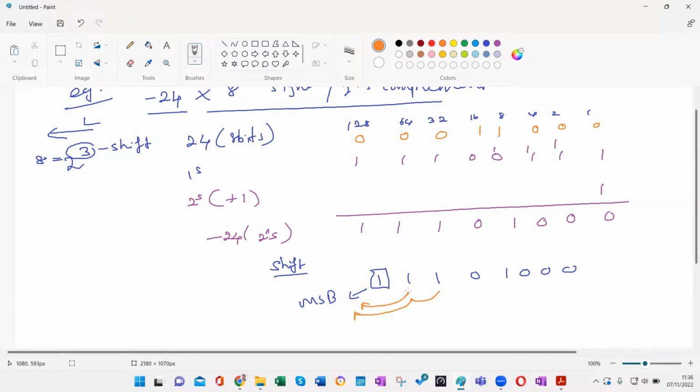Just a minute. They are going to move 3 places, okay? Now that's a bit tricky.